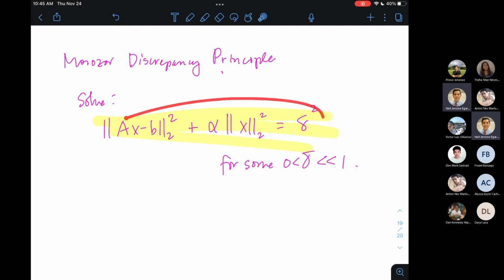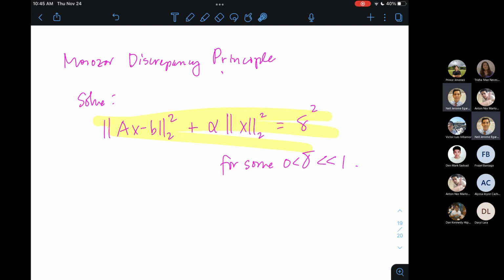That's why this is much more mathematically preferred. Kasi hindi siya trial and error. You'll not be fishing for which alpha is best from a select few.